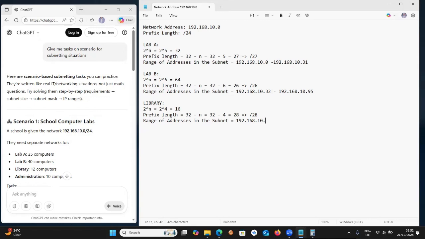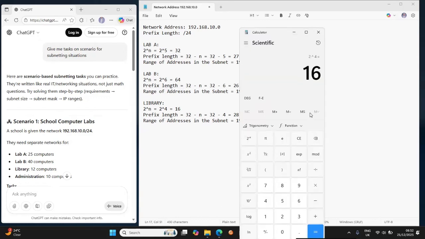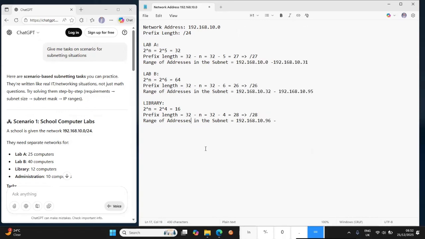The next address is going to be 96, up to, if we say 95 plus 16, that should give 111. So it's going to be up to 192.168.10.111.